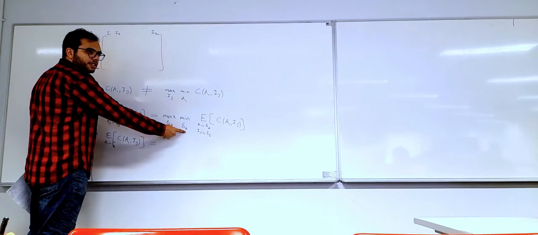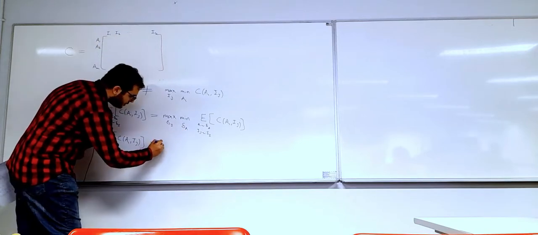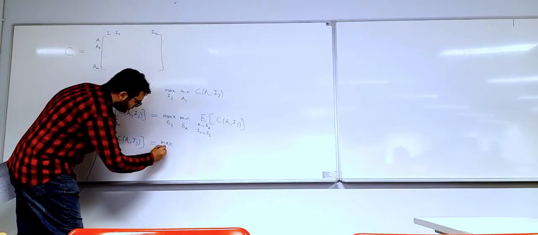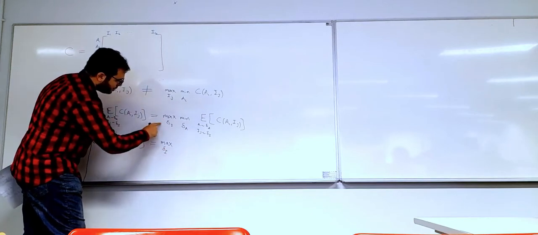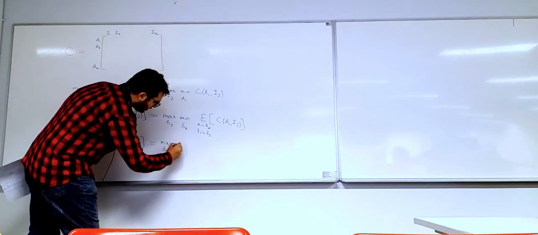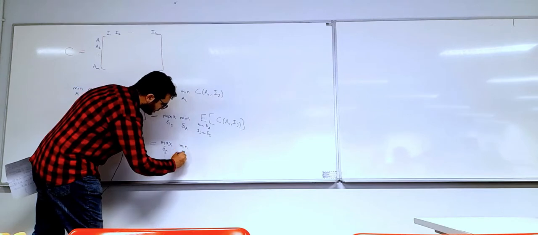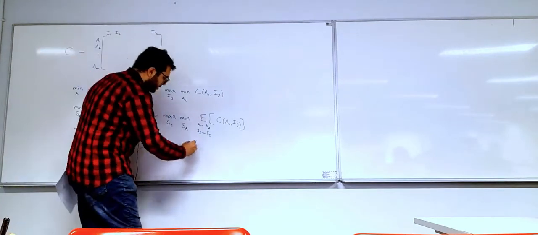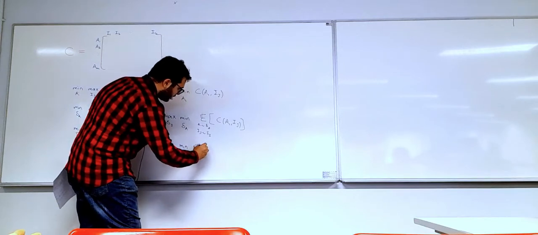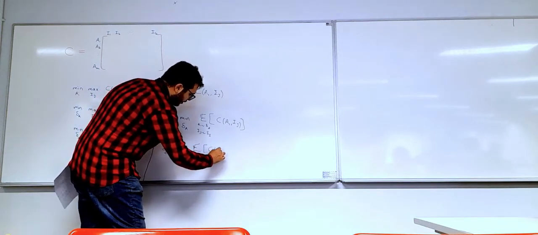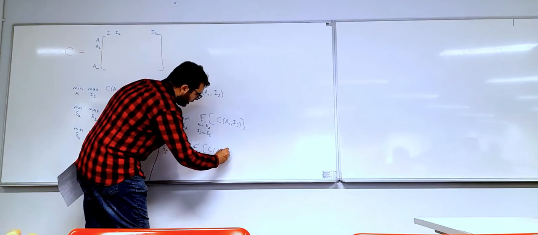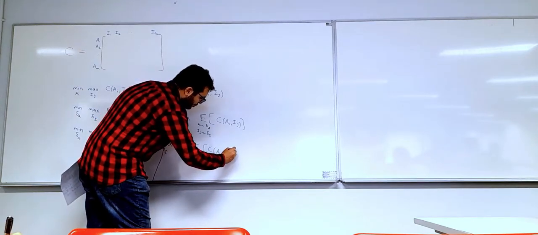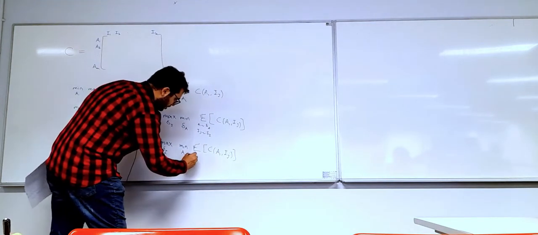You can just choose a single algorithm. So this would be the maximum over all distributions on inputs as before. But now when I'm doing the minimum, I just take one algorithm AI that minimizes the expected cost. And then I will just have the expected cost of running my single algorithm AI on an input that comes from this distribution.